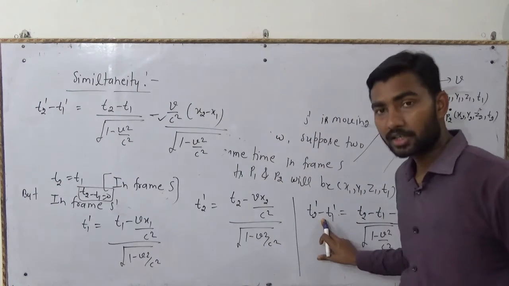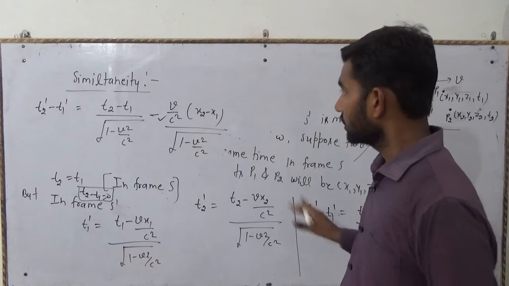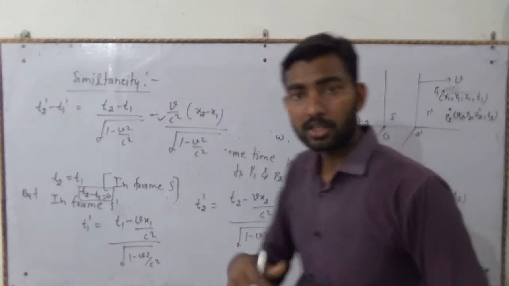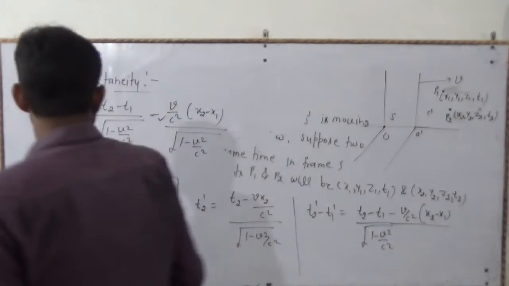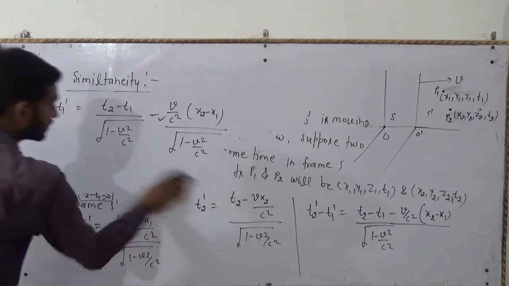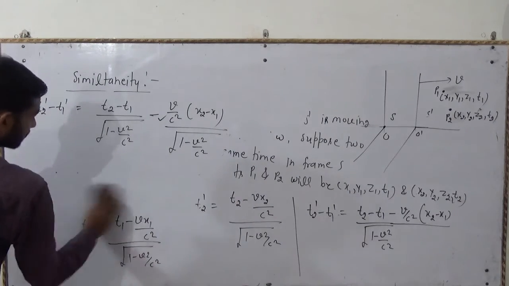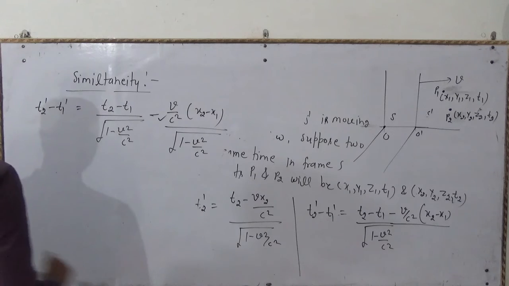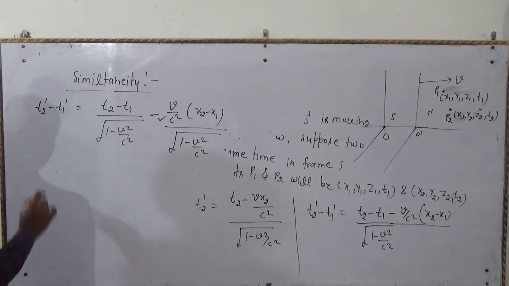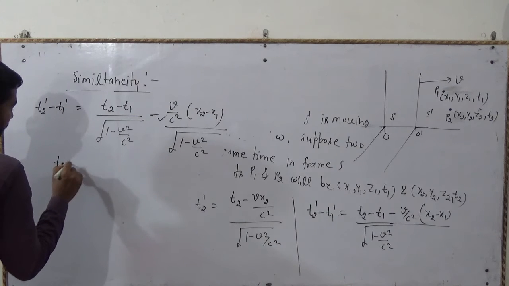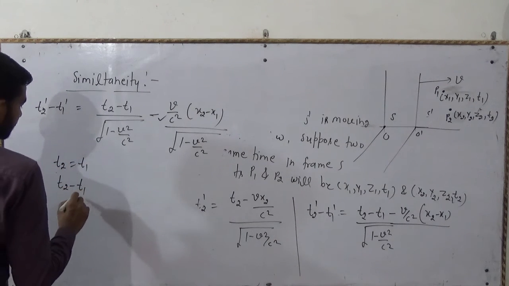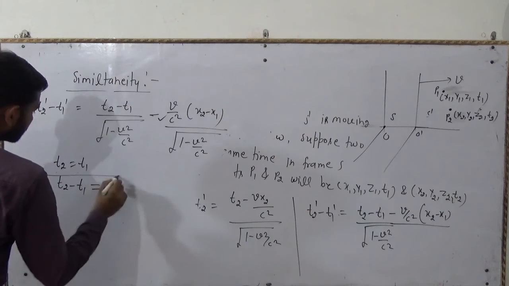So this is the simplification; you can simplify in your own way also. Friends, here we have found the result after simplification. As we told you, in frame S the value of T2 is equal to T1, or T2 minus T1 is equal to 0.